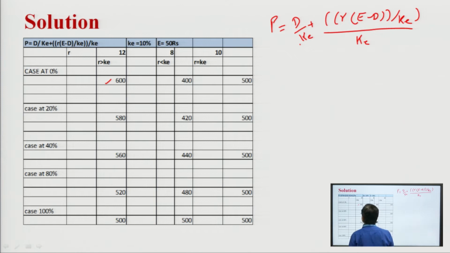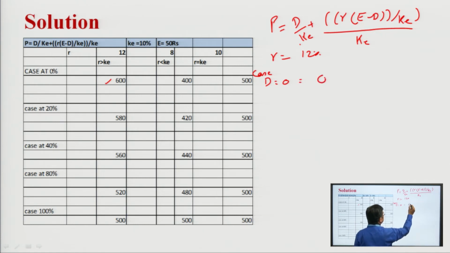So, in case 1, R is 12%, dividend D equals to 0.